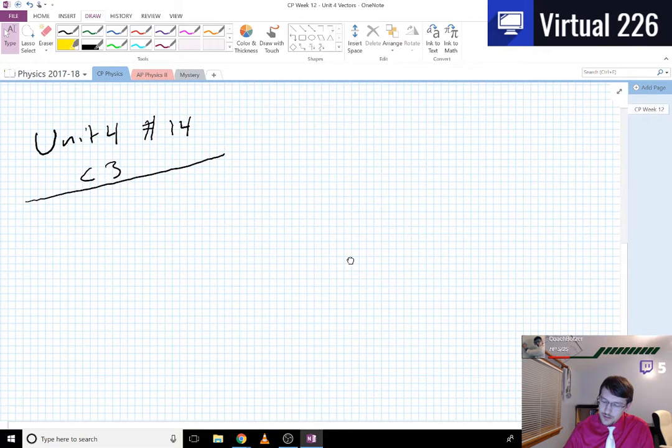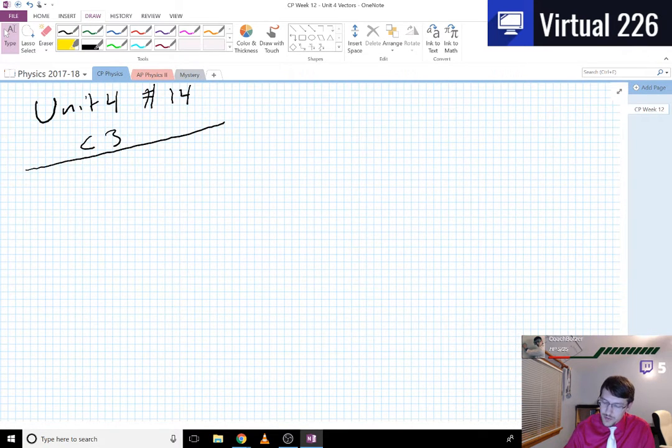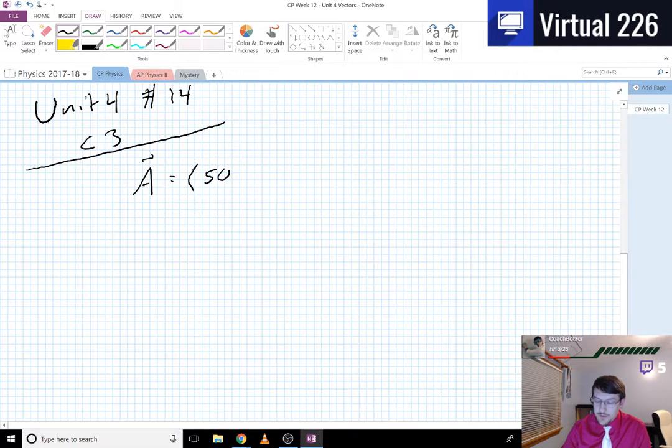So what we're doing here in this problem is we have two vectors, vector A and vector B. And vector A has a magnitude of 50 meters, and it is pointing 20 degrees below the x-axis.